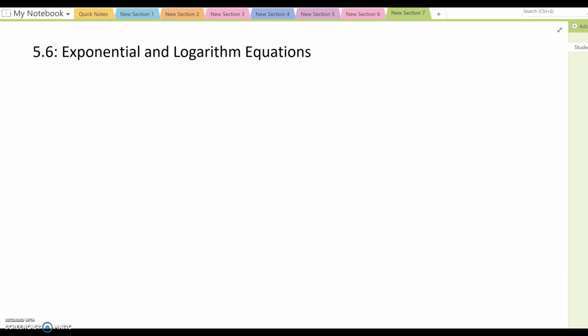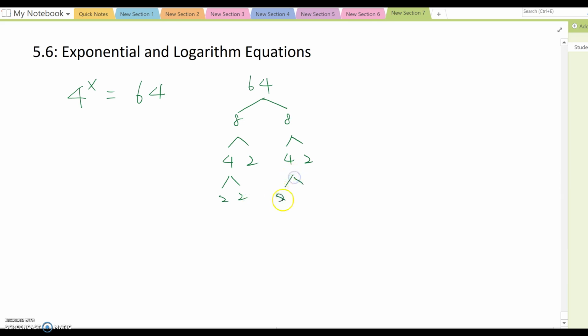If an equation is given this way, it's easier to solve, such as 4 to the x power equal to 64. Because for 64, you can just find the prime factorization. It becomes 8 times 8, and 4 times 2, 4 times 2, and 2 times 2, 2 times 2.